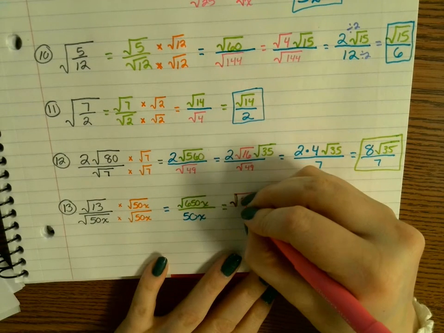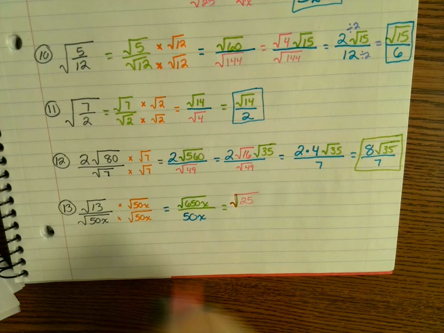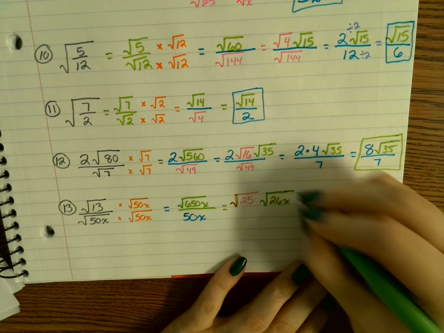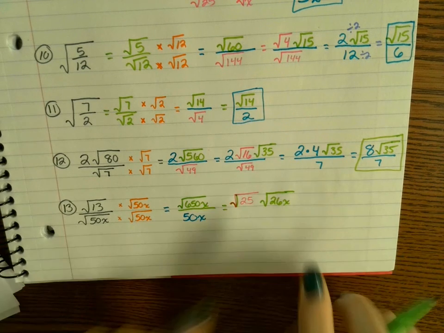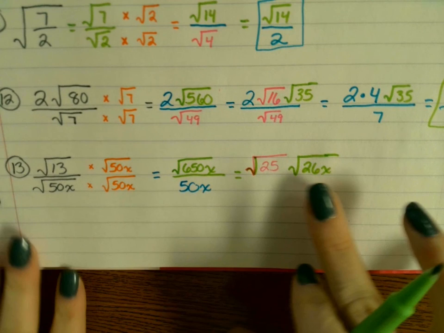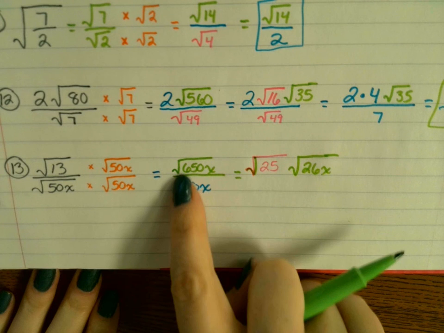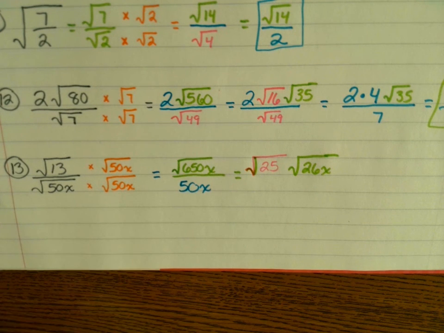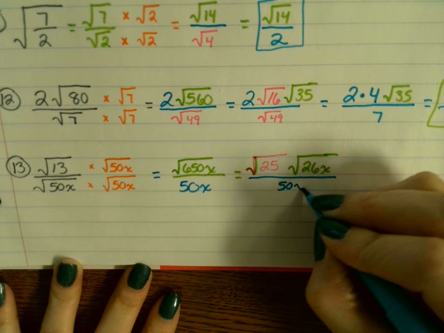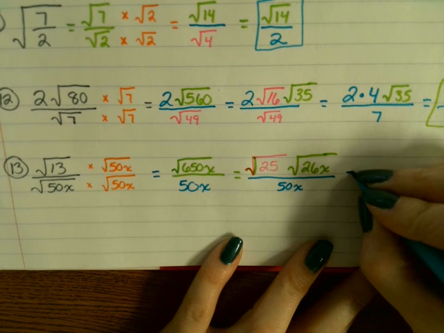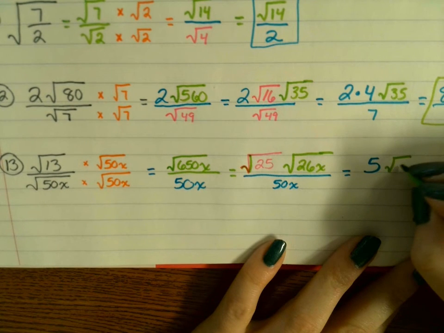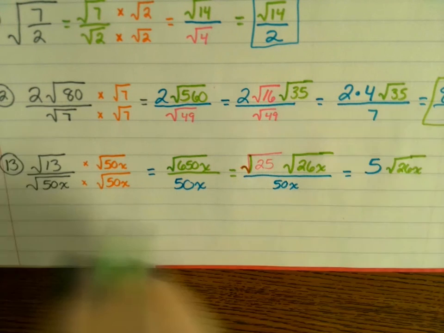And 25 can go into it 26 times. So I have 26x as my non-perfect square. I'll zoom in a little bit more so you can see it easier. So square root of 25 and square root of 26x will give me that 650. And all of this is over 50x. What's the square root of 25? 5. So I have 5 square root of 26x, all of it over 50x.